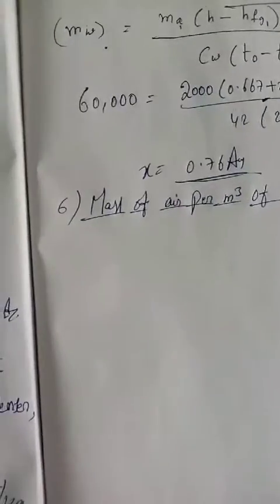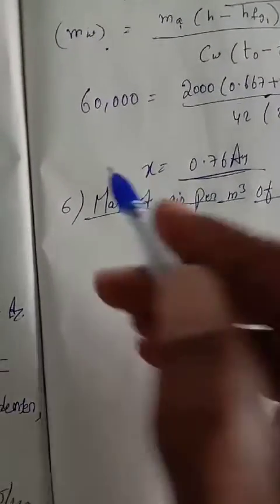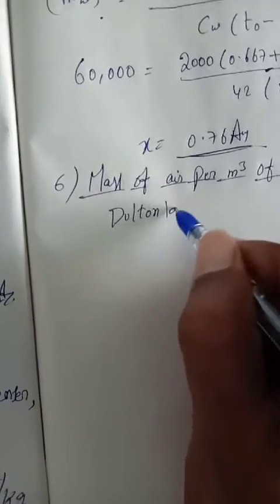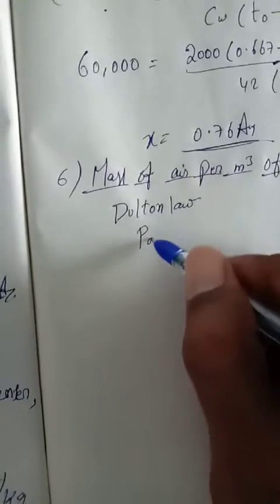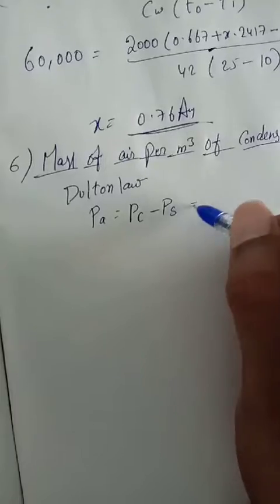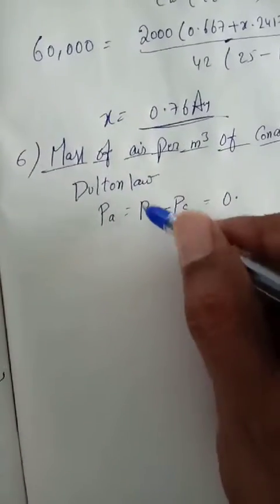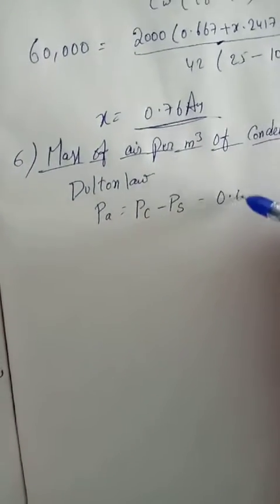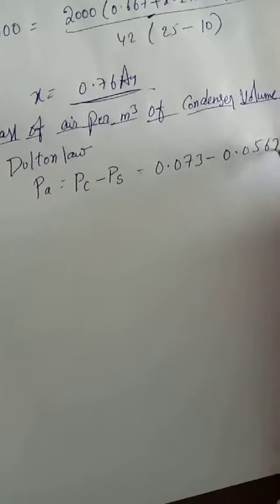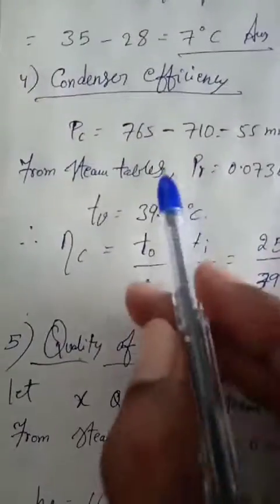We know the absolute pressure of air as per Dalton's law: PA is equal to PC minus PS, that is condenser pressure minus steam pressure. So 0.073 minus 0.0562.